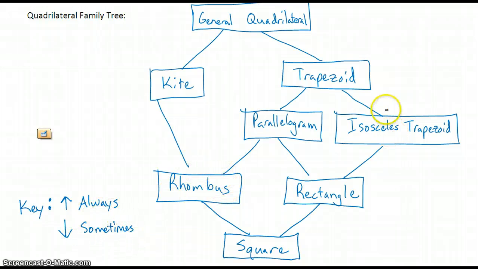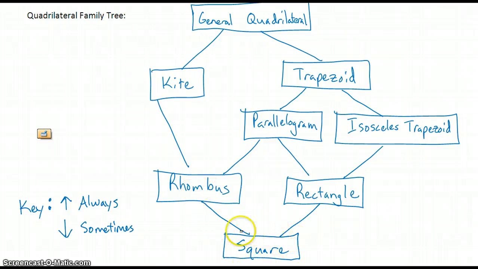So is a rhombus an isosceles trapezoid? Sometimes. Is an isosceles trapezoid a rhombus? Well, I can go down from the isosceles trapezoid branch and get to square, and I can go down from the rhombus and get to square. So an isosceles trapezoid is sometimes a rhombus.